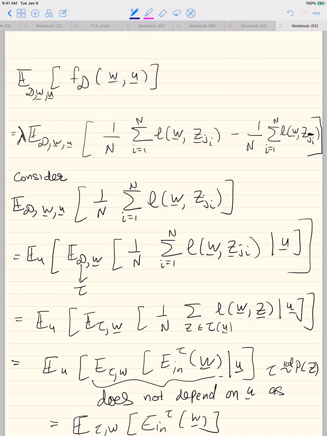We started with this term, and what we have shown is, if you ignore lambda for now, and if you just look at the average, the expectation of the first quantity is just your average training error with respect to the joint distribution of tau and W.